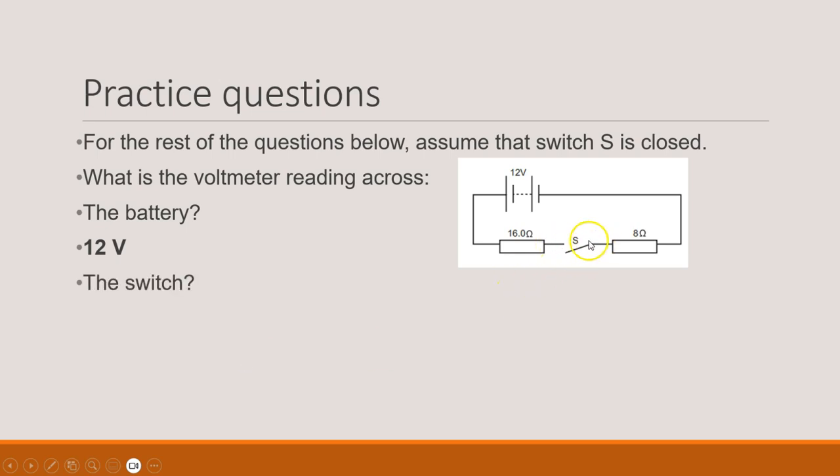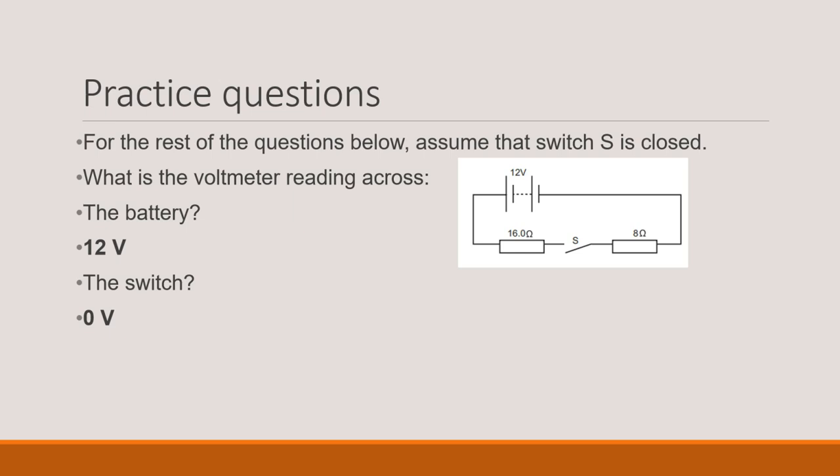If the switch is closed and the circuit's running and I placed a voltmeter across the switch, then it's really just like placing a voltmeter across any conducting wire and it will read 0 volts. Remember that it's not really 0. It might be 0.0001 volts because it does take a little bit of energy for the electrons to move through the conducting wire.